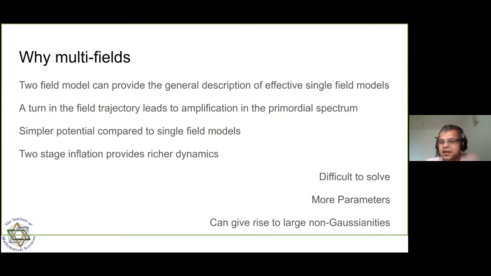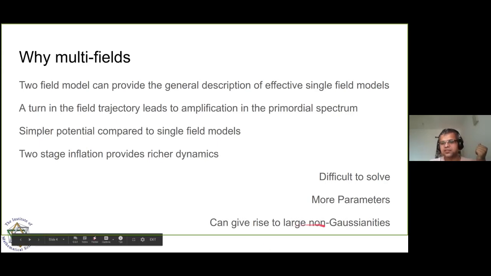The drawbacks are that these are difficult to solve because it is not just a single curvature perturbation or Mukhanov-Sasaki equation. There are coupled isocurvature perturbations, and there are different initial conditions as well. Secondly, it has more parameters. Two-field models have more parameters because the potential is a function of the two fields, and also there are initial conditions: if there are phi and chi, the initial field values are also free parameters.